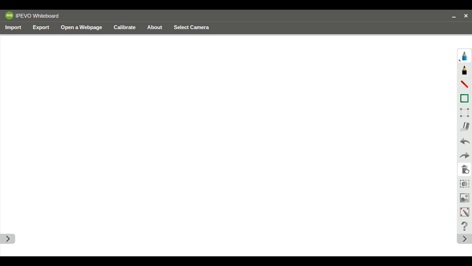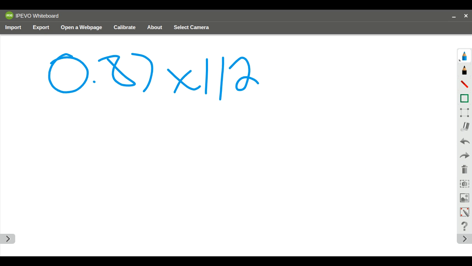All right, let's go through and do a couple of problems. So I have 87 hundredths multiplied by 112. Again, when I have a value that's less than 1, I'm just going to leave it alone. So I'm going to leave 87 hundredths alone. And then I'm going to take 112 and turn this one into a place value.